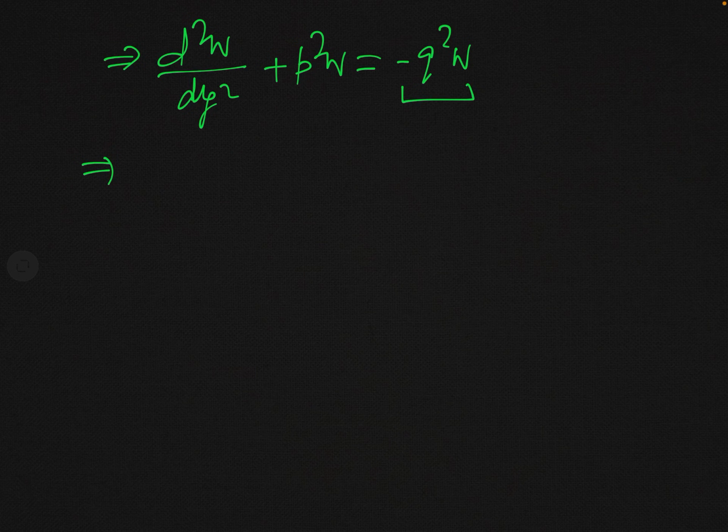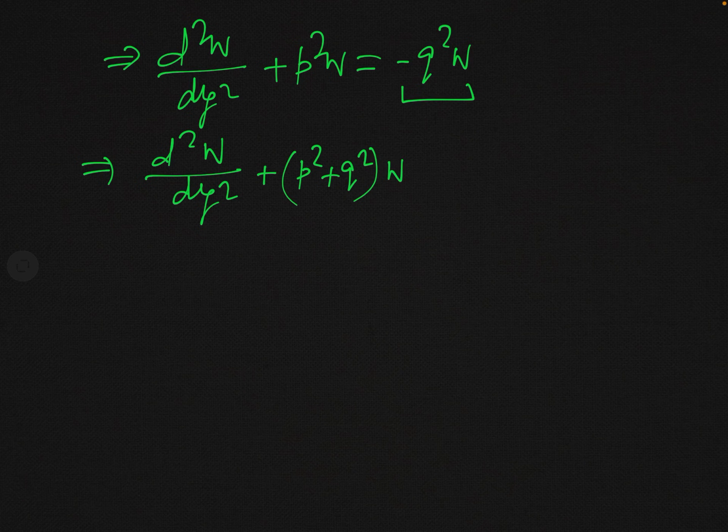Now take this term in the RHS to the LHS. So bringing this to the LHS, what will be our result? This is d2w by dy square plus p square plus q square w, and this will be equal to 0.